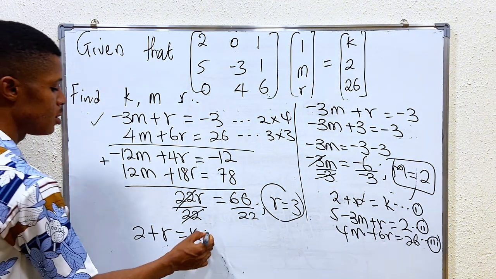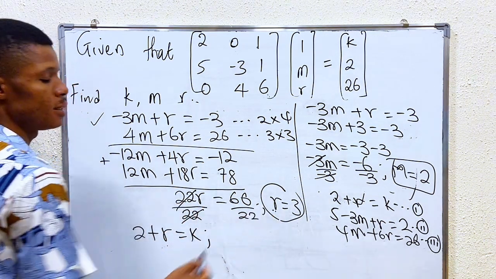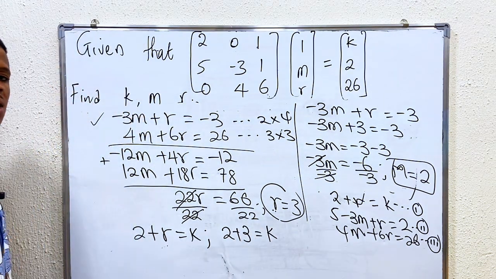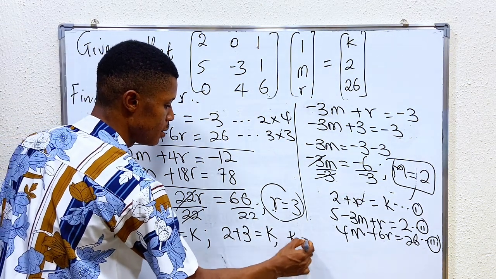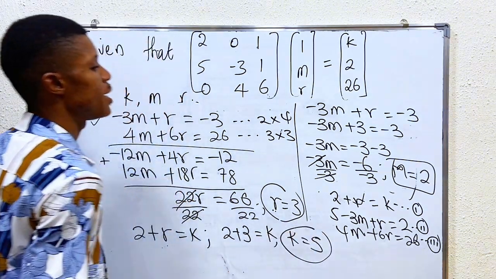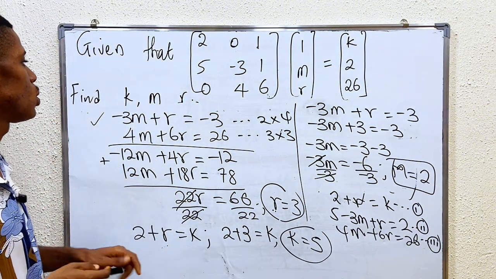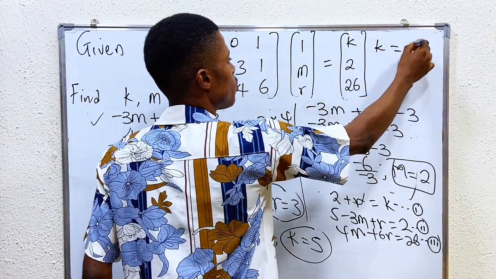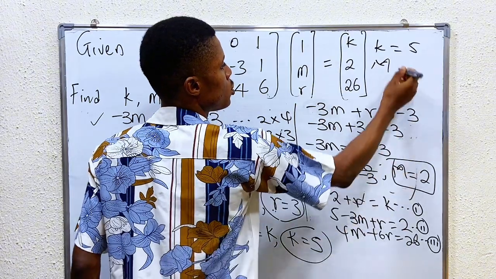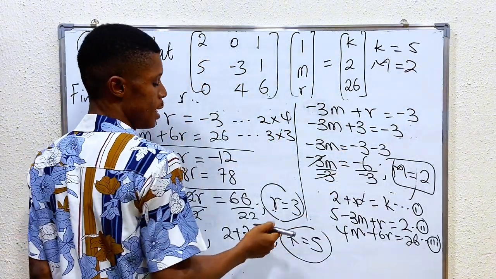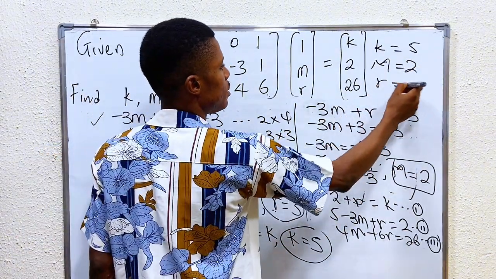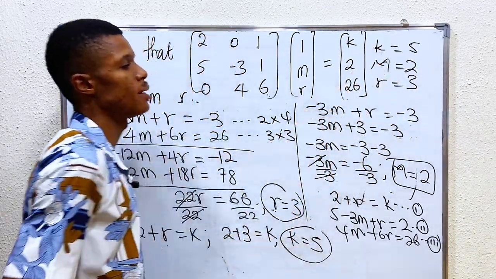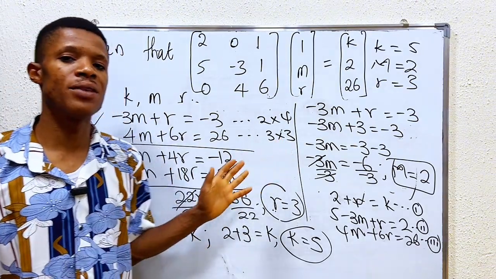We've gotten r to be 3, so 2 plus 3 is equal to k. 2 plus 3 is 5, so k is equal to 5. Remember, in the problem they told us to find k, m, r. So in general, k is equal to 5, m is equal to 2, and r is equal to 3. These are the required solution to the given problem.